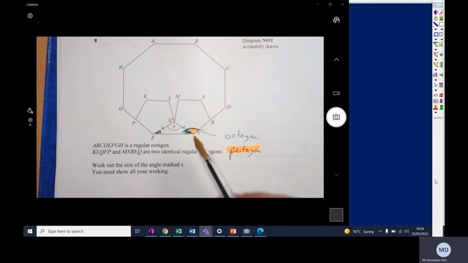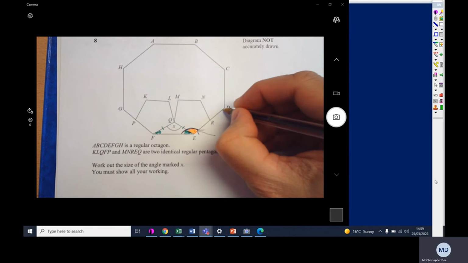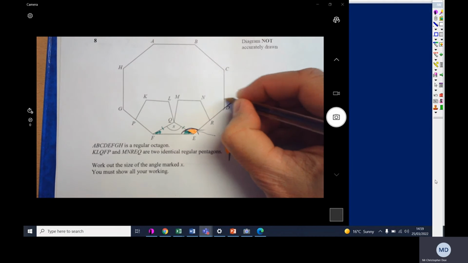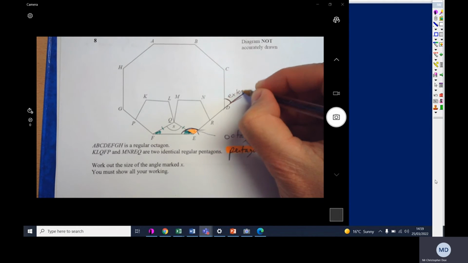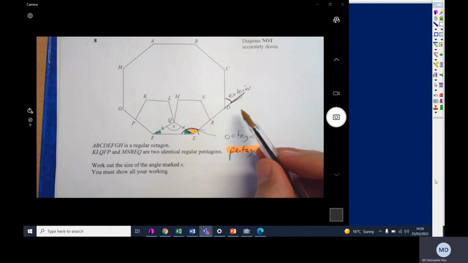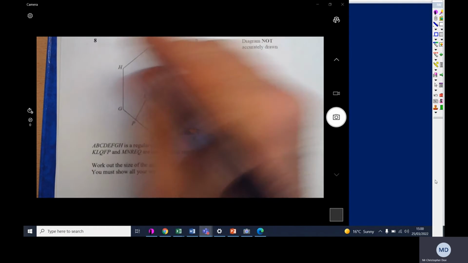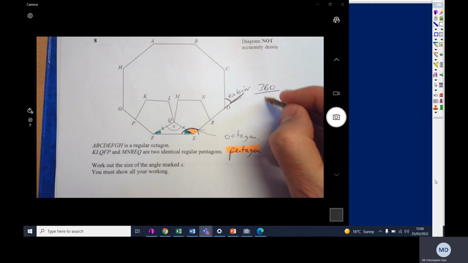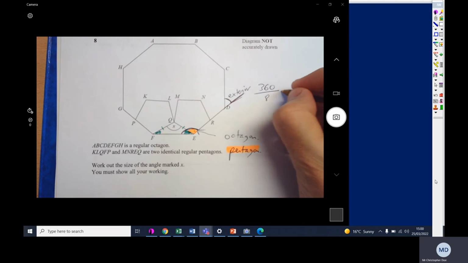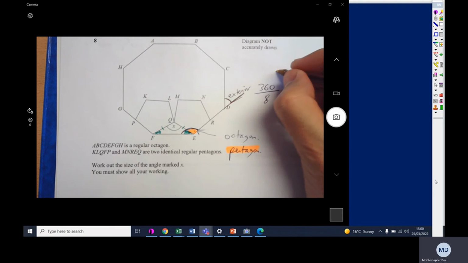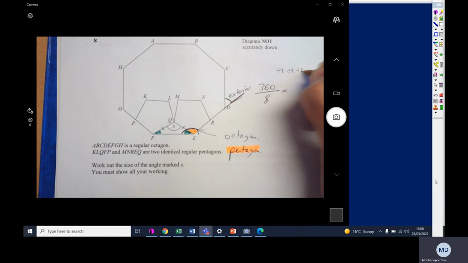So we want the interior angles because it's inside the shape. But personally, I think it's always best to get the interior angle by doing the exterior angle. So I'm going to do the exterior angle of an octagon. It's 360 for every exterior total, and there's 8 sides. Dividing by 8 without a calculator, we divide by 2, then by 2, then by 2.